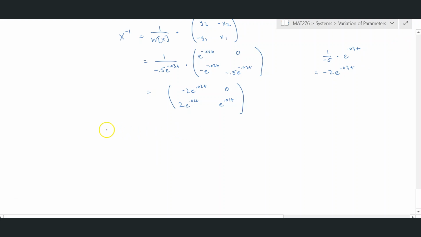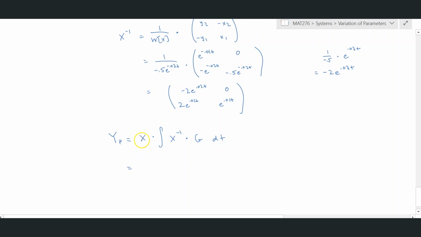So there's our x inverse matrix. Finally, we're ready to write y particular. It's a little bit of a process, but it all comes together. And now we need to write yp, which will be found by taking our x matrix, multiplying that by the integral of x inverse multiplied by g of t, our matrix, integrated with respect to t.